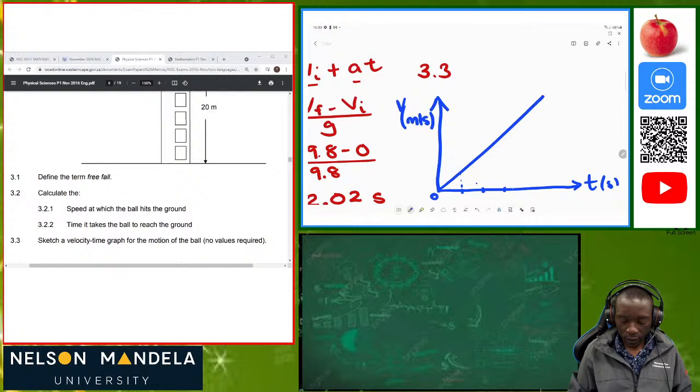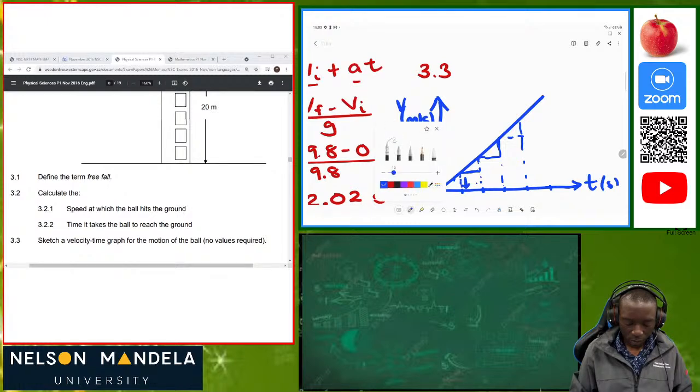So if we have those as time intervals, then we are saying the velocity increases by that amount in the first interval.